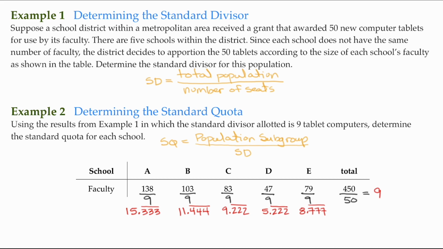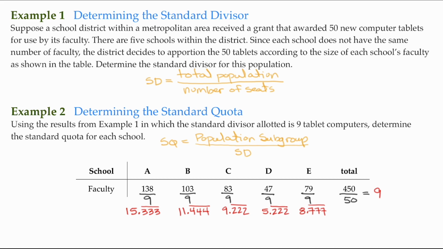So the standard quota for A, that's 15.333333 indefinitely. For B, 11.444 indefinitely. C, 9.222. D, 5.222. And E, 8.777. And of course, if we add all these standard quotas up right here, they're going to equal 50 tablet computers.